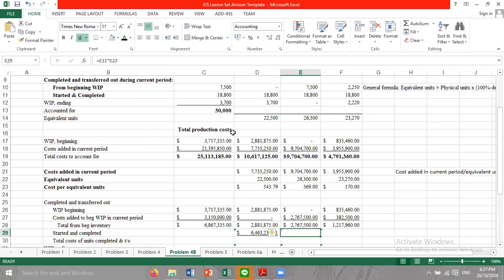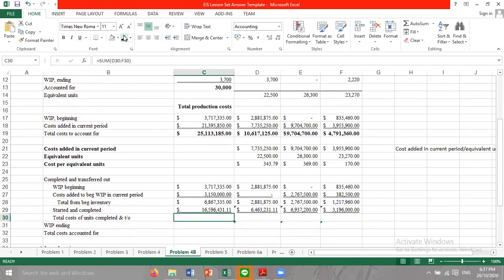Same thing for direct materials, multiply 369 by 18,800, we'll get 6,937,000. And for conversion cost, $170 multiplied by 18,800. From it, we have a total sum of 16,596,000 for the cost of units that are just started and completed.